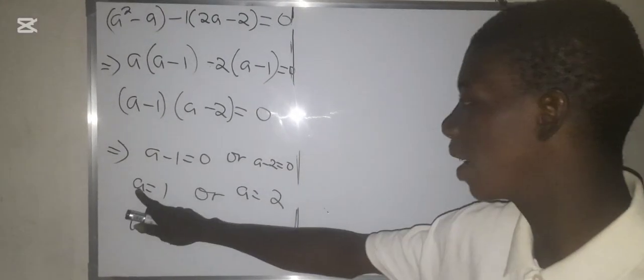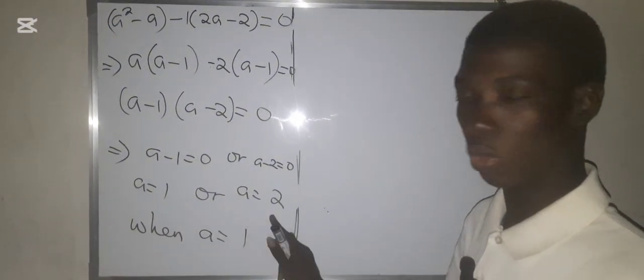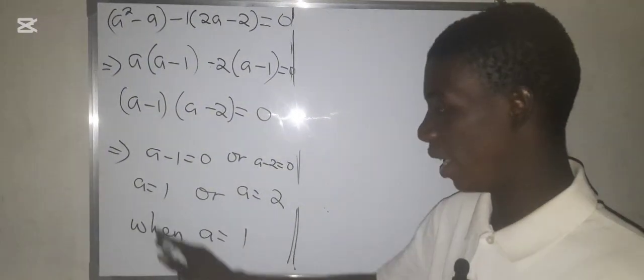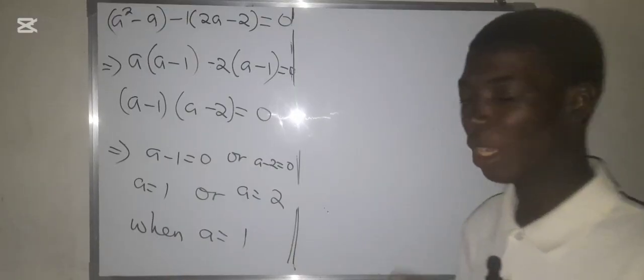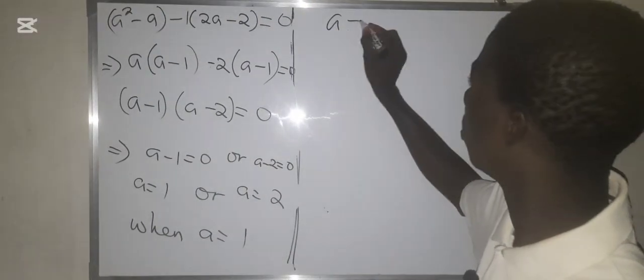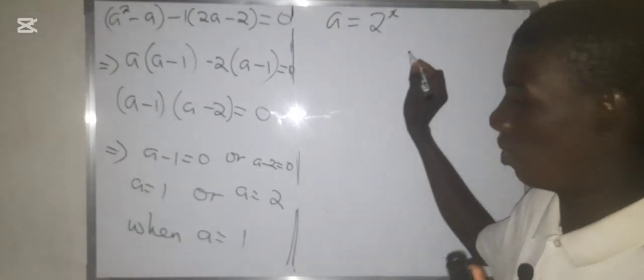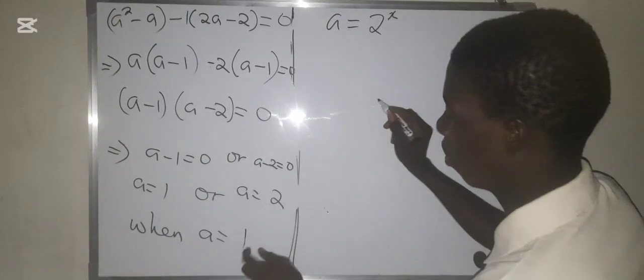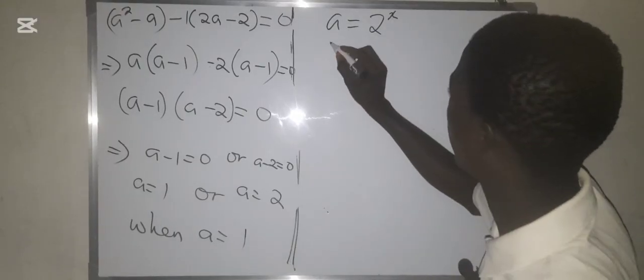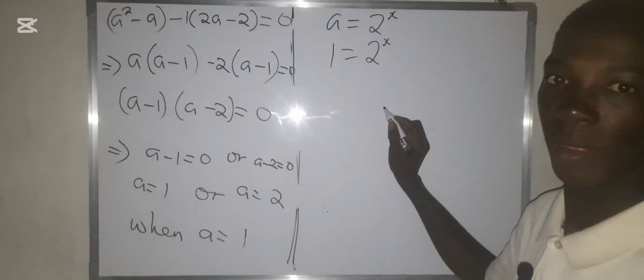We have a can be 1 or 2. So let's start with when a is 1. When a is 1, remember we let a be equal to 2 to the power of x. So now when a is 1, that is 1 equals 2 to the power of x.